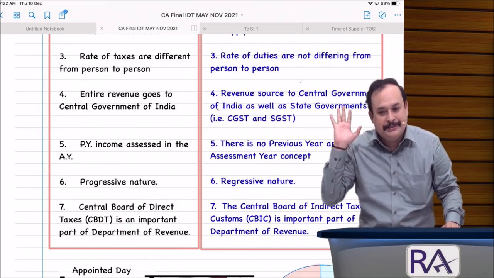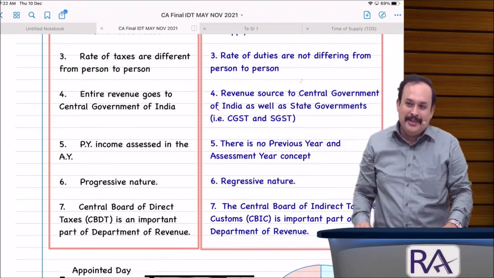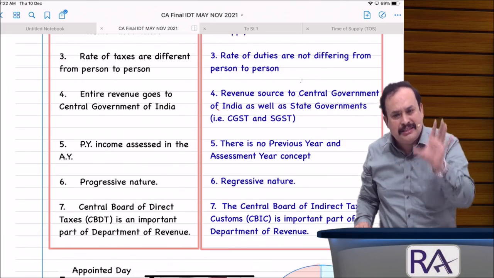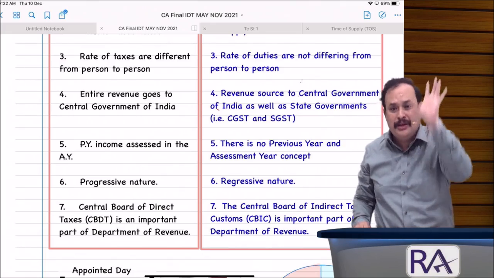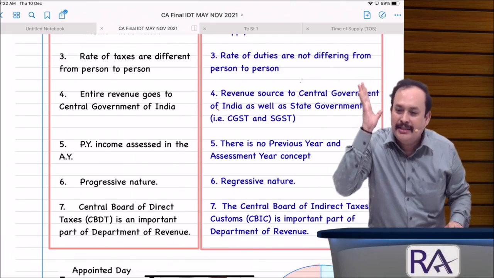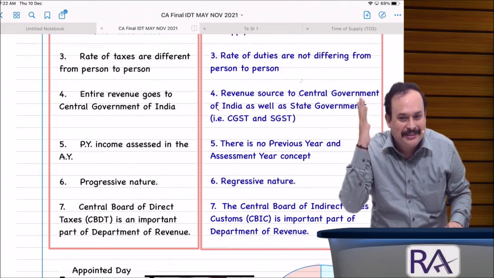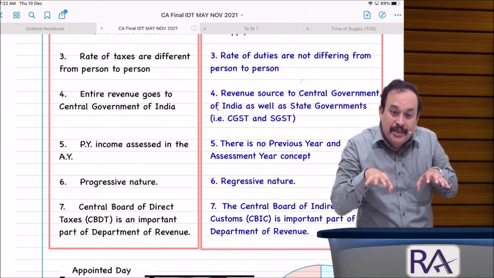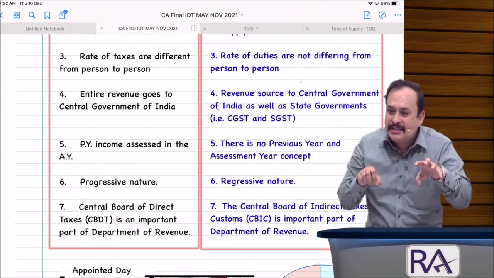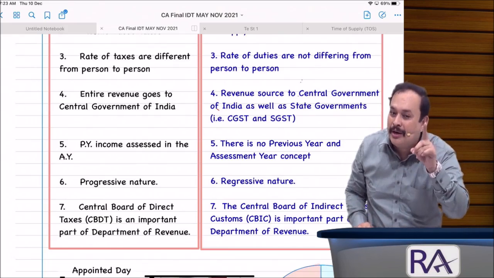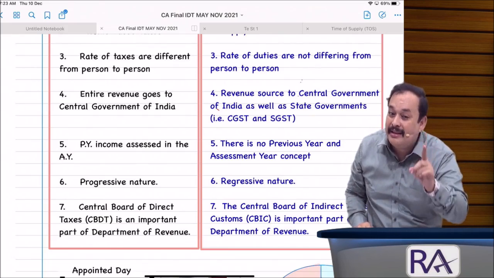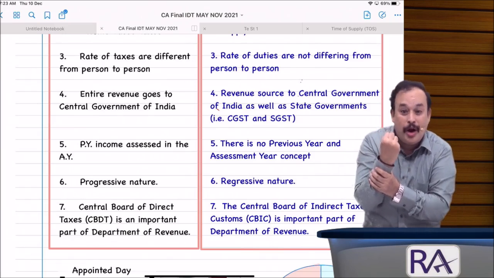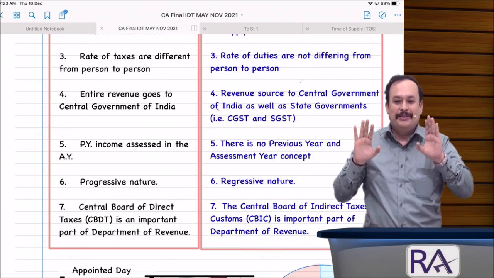Absolutely not, my dear. Understand. IGST, integrated goods and services tax, will be levied and collected by the Government of India, but it does not mean that it is revenue of the Government of India. That IGST should again be apportioned between the Centre and the states with the help of the Central Clearing Agency, CCA, a robotic mechanism of the GST network portal.